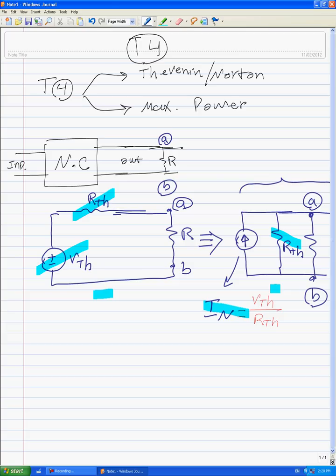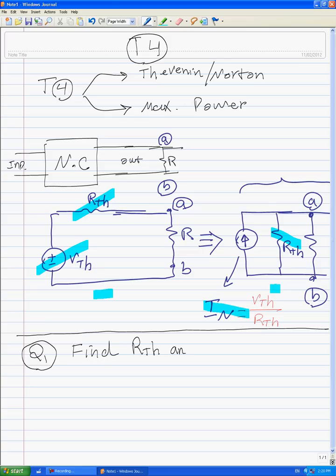The first question describes this story. Question 1. In this question, we want to find out RTH and VTH in terminals A and B. The circuit is like this.